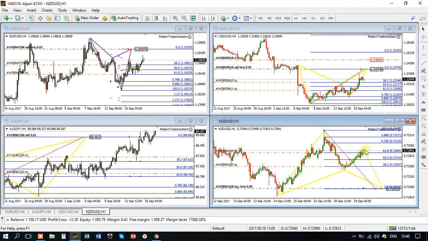And New Zealand dollar potential bat formation. The C point is in the process of forming, but it doesn't really matter. It is valid if the C point is here, here, or higher until it violates the X point, or sorry, A point. And if it goes deeper to that entry before it violates A, it will be a valid bat pattern.